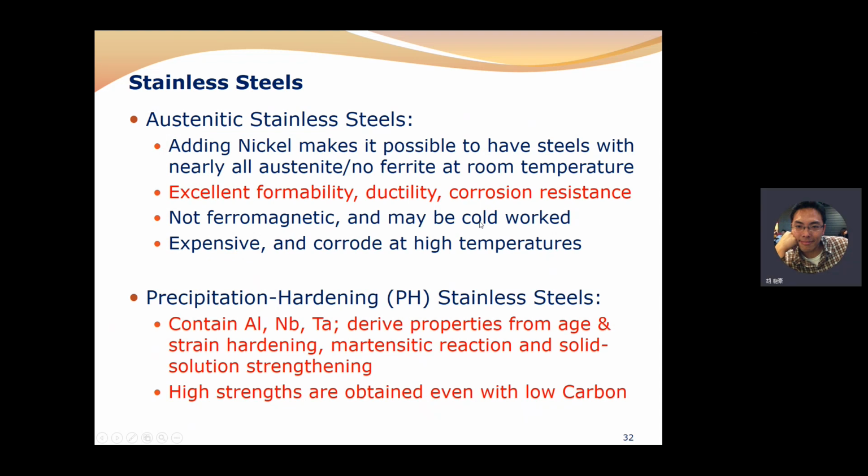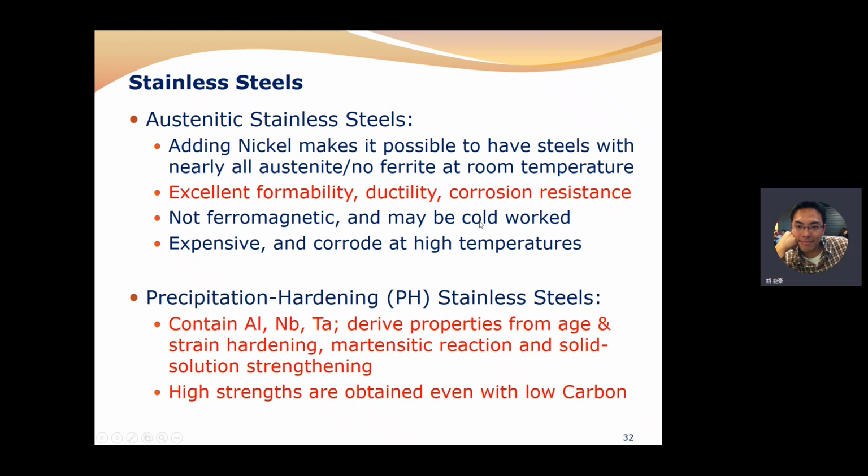And austenitic stainless steels: adding nickel makes it possible to have steels with nearly all austenite without ferrite at room temperature, and excellent formability, ductility, corrosion resistance. Okay, not magnetic, might be expensive to cold work, and corrode at high temperature.